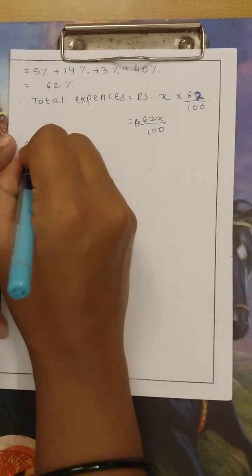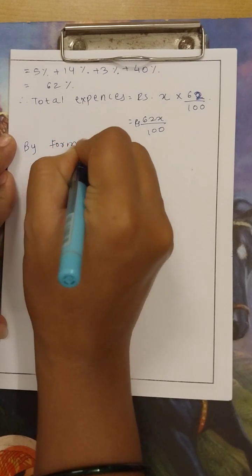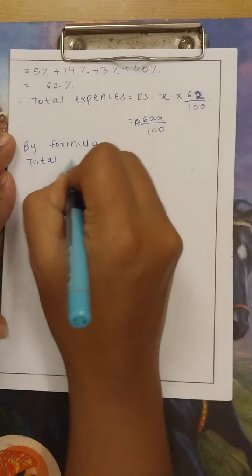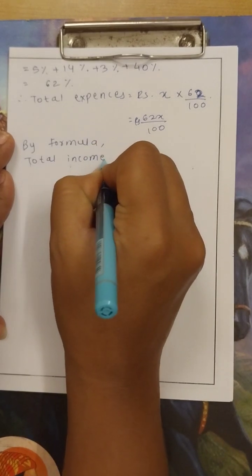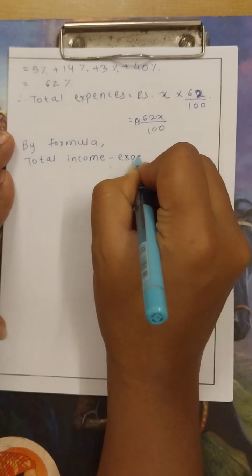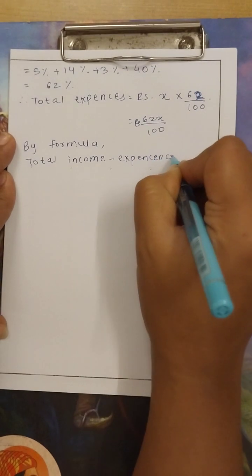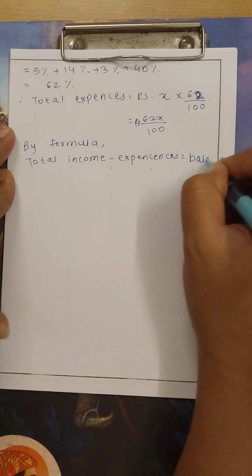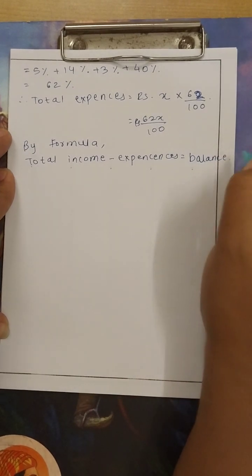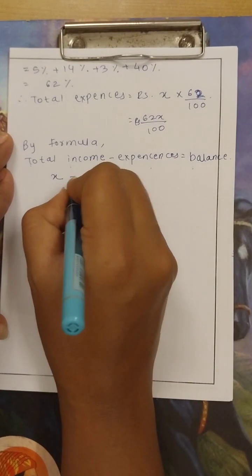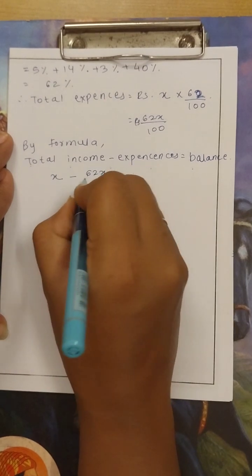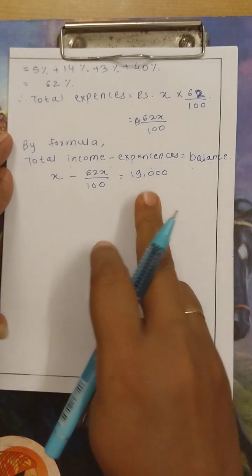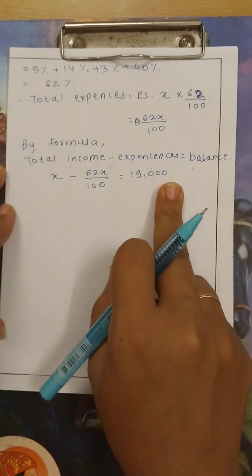Now what is the formula? By formula, total income minus expenses is equal to balance. Yes, total income is x minus expenses is 62x upon 100 is equal to 19,000. 19,000 is his monthly balance.